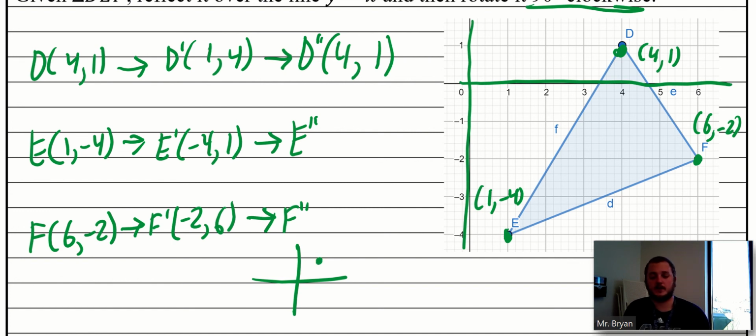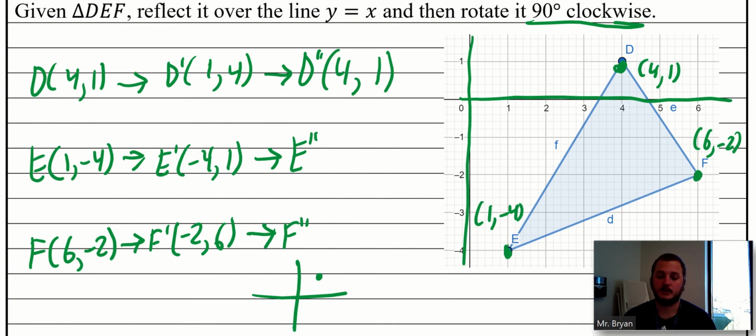If we think about this here, 1, 4 roughly starts in this quadrant. I don't need to know exactly where it's at. I just need to know that it's in the top right, because I know the X coordinates and the Y coordinates in that quadrant are positive. And then if it wants me to rotate 90 degrees clockwise, every time I go 90 degrees, that's just hopping from one quadrant to the next. So in this case, I would go 90 degrees, and since I would go clockwise, I would go down.